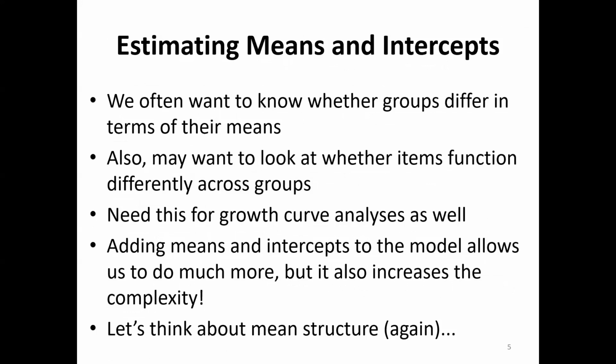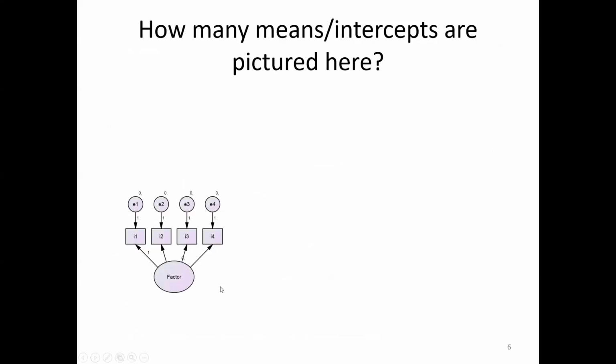Okay, so back to means and intercepts. We're going to think about mean structure again. So how many means and intercepts are in this little picture? One latent variable mean, the factor mean. How many intercepts?